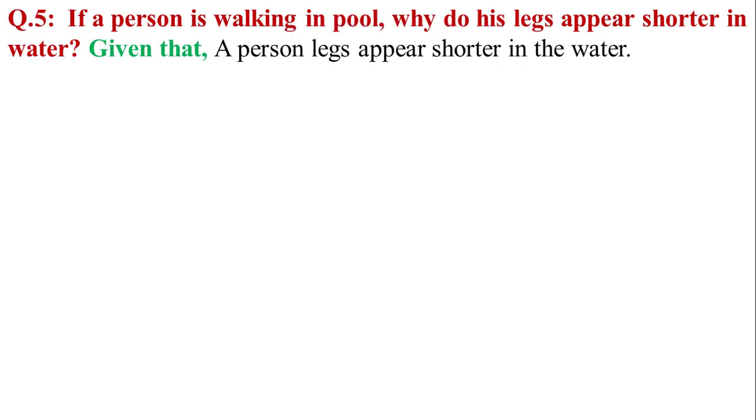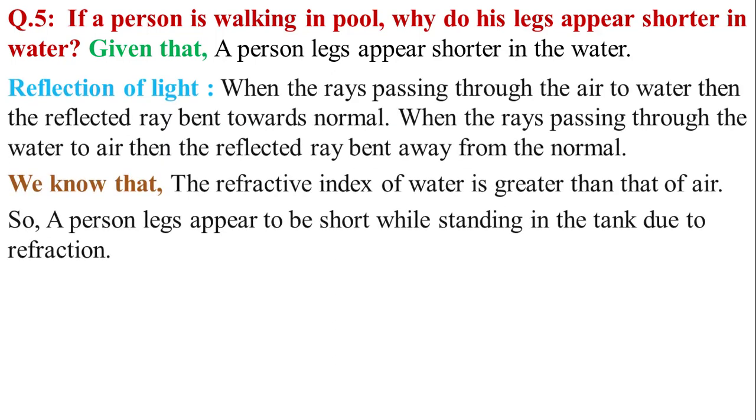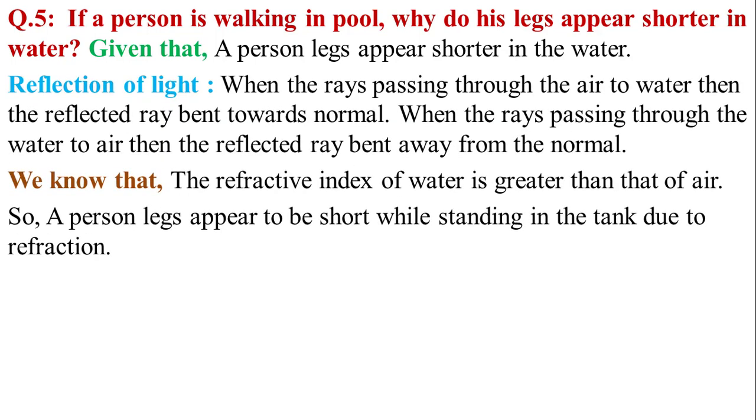Now we will move to the next question, question number 5. If a person is walking in a pool, why do the legs appear short in the water? So this is the simple answer. First of all, a person's legs appear shorter in water due to refraction of light.